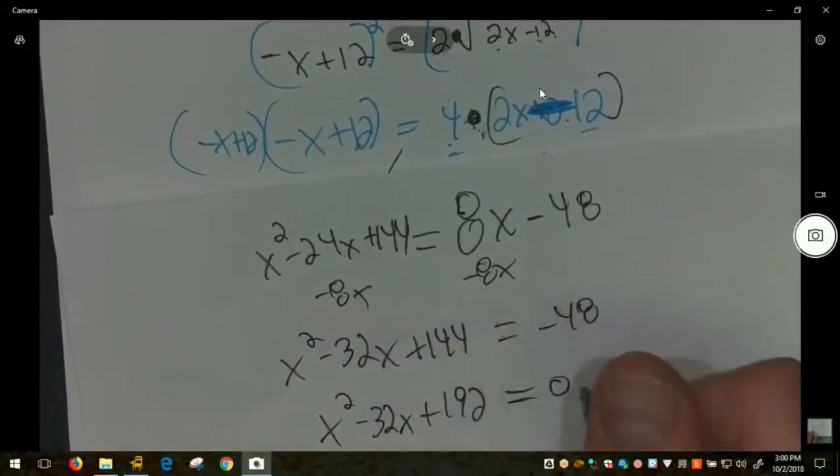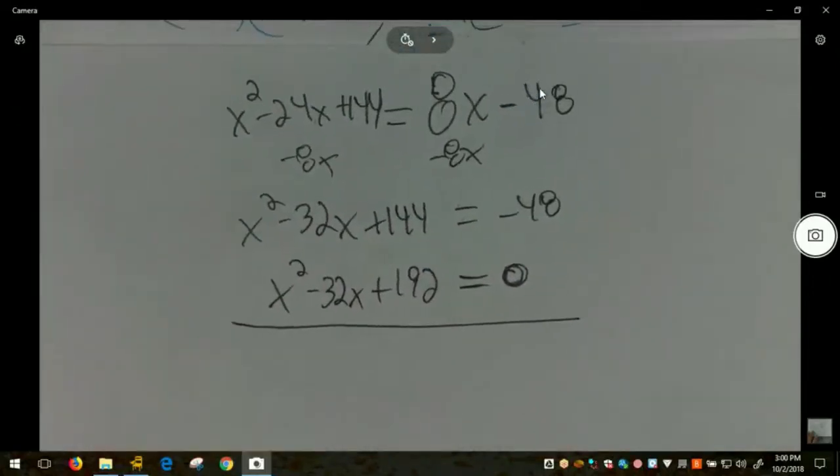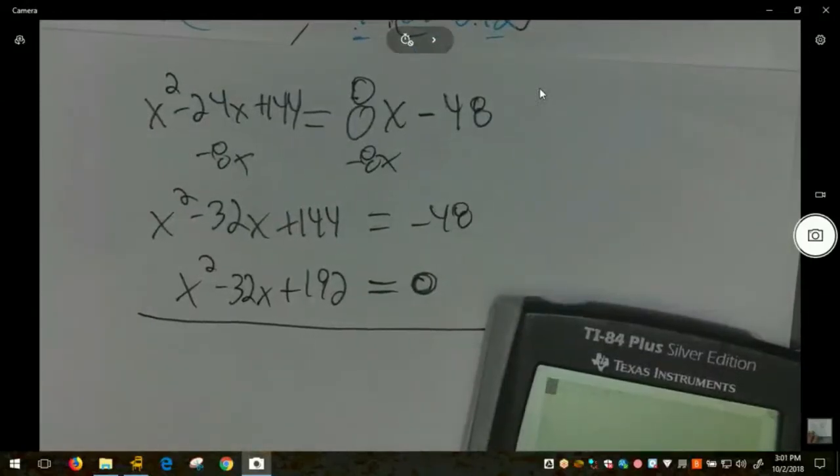So if you solve and you don't get any solution, that's telling you that you may have made a mistake, to go back and check. So 192 is not a perfect square, but let's see if we can find something that it's divisible by. 16 and 12. It's not going to add to 32.